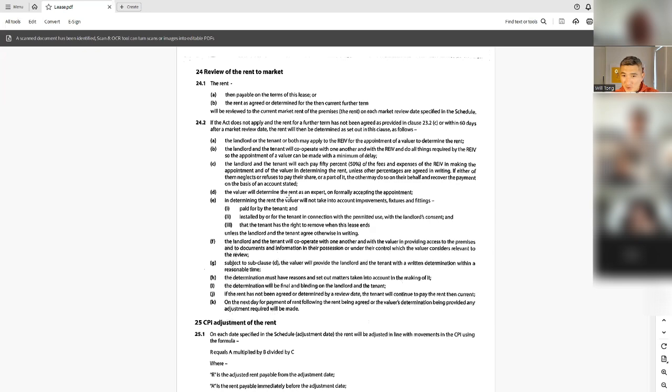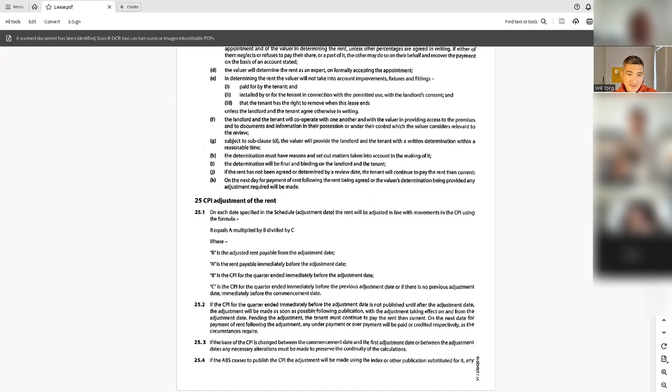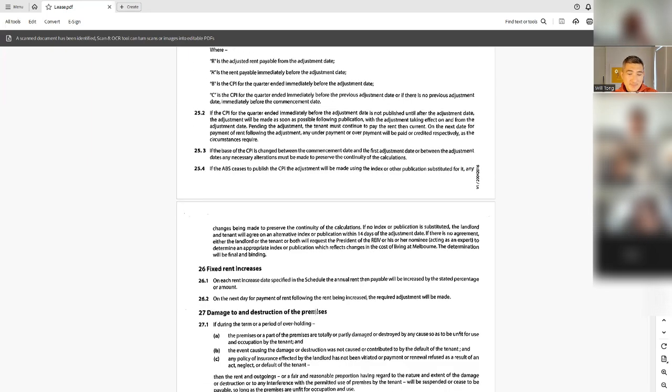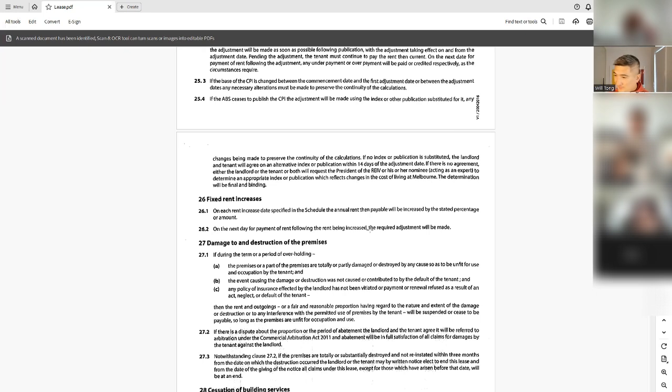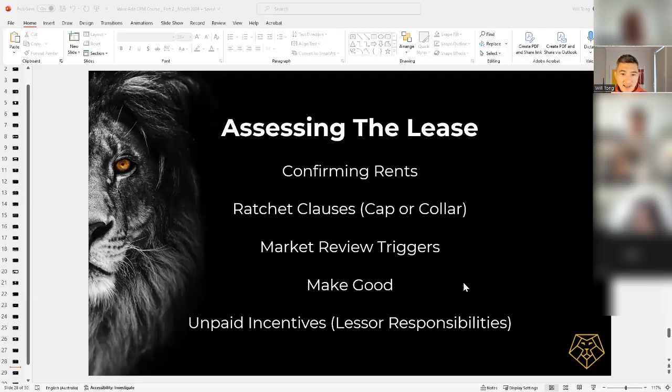The valuation will determine the rent as an expert, and it will take into consideration fixtures, fittings, blah, blah, blah. Yeah, that's a pretty standard one. Okay, so I personally couldn't find anything weird about it. So that's kind of what I usually do. I have a quick read of the lease and try to identify these things.